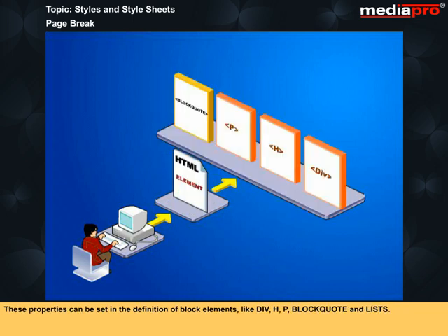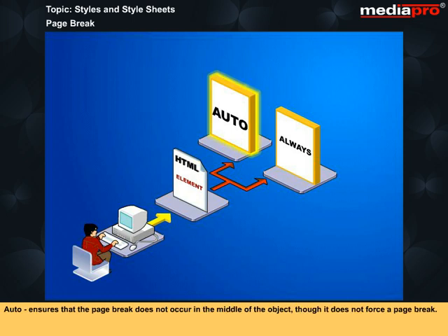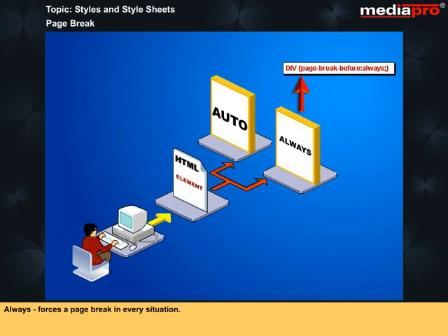These properties can be set in the definition of block elements like div, h, p, block quote, and lists. They have two possible values, auto and always. Auto ensures that the page break does not occur in the middle of the object, though it does not force a page break. Always forces a page break in every situation.